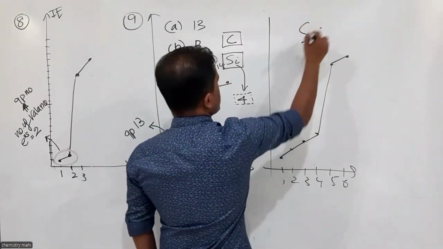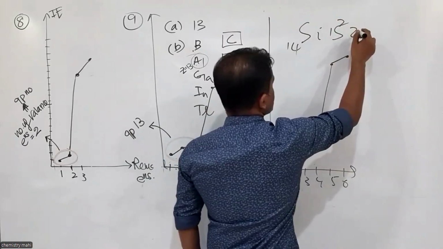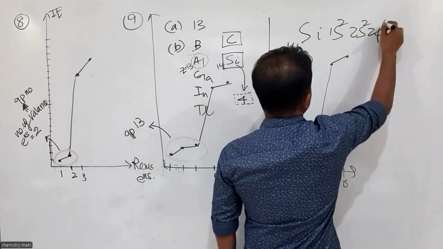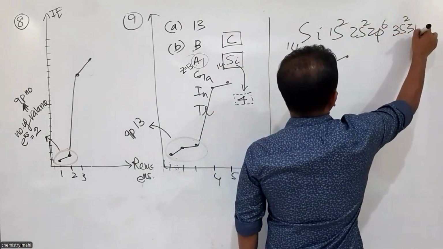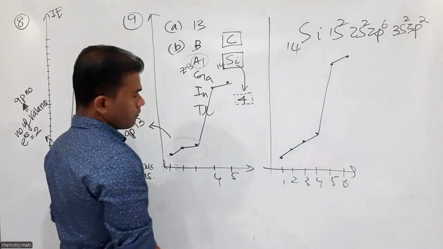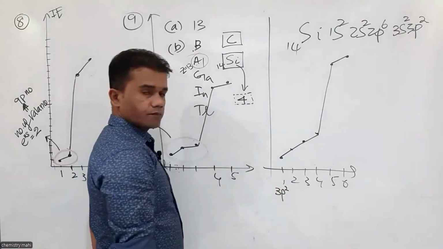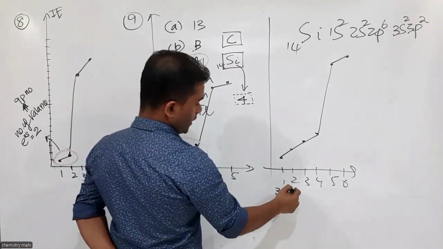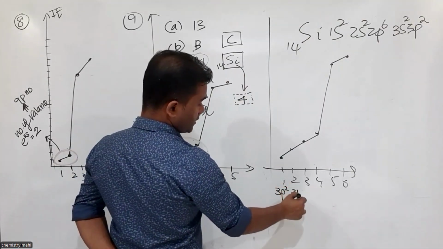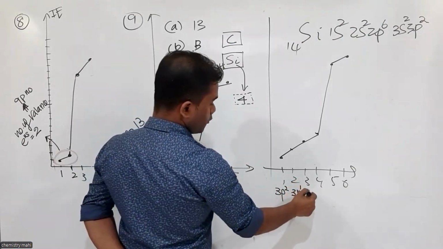How can I explain? I took silicon, group 14, atomic number 14: 1s2, 2s2, 2p6, 3s2, 3p2 electron configuration. Once you remove the first electron, you remove it from 3p2. The second electron is removed from 3p1. The third electron is removed from 3s2.